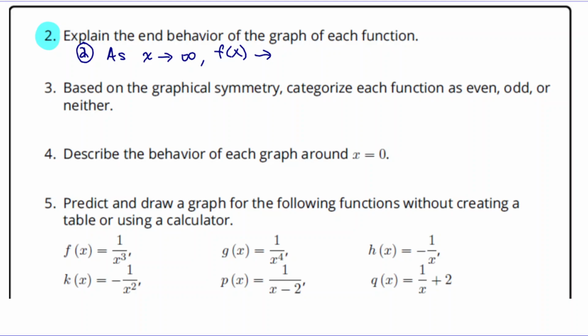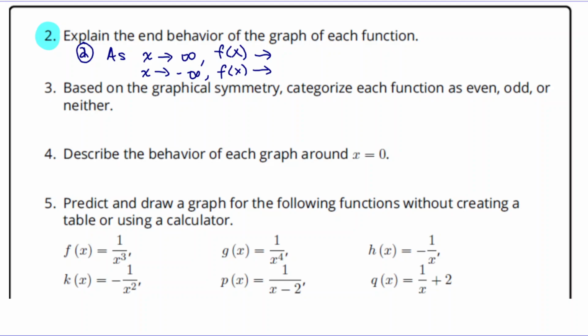Does it approach infinity or does it approach 0? As x approaches negative infinity, okay, what does f of x approach? Okay, and that's talking about end behavior. Okay, we're not talking about as x approaches 0. You could, and I guess we'll see that in a little bit.